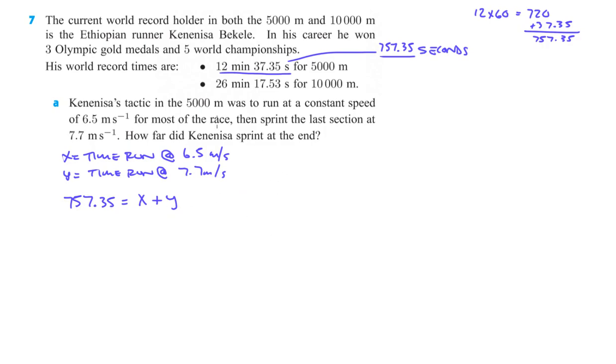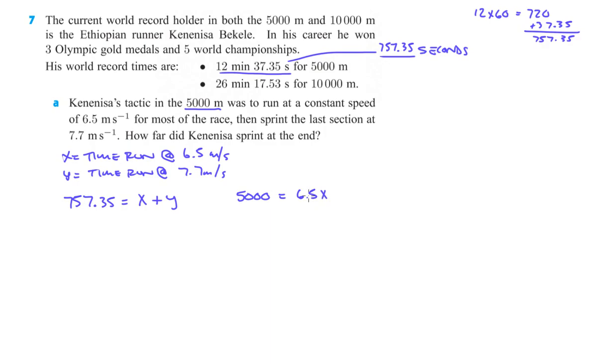All right, and then now we know that we also have a total distance. We know that 5,000 is the total distance. So at 6.5 meters per second, 6.5 times X is how far he ran at that speed, right?